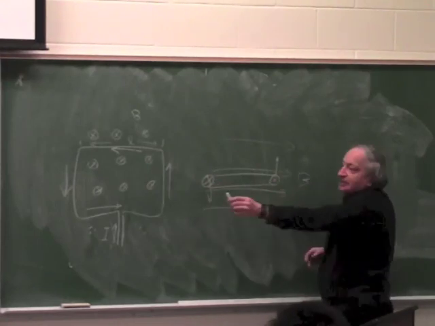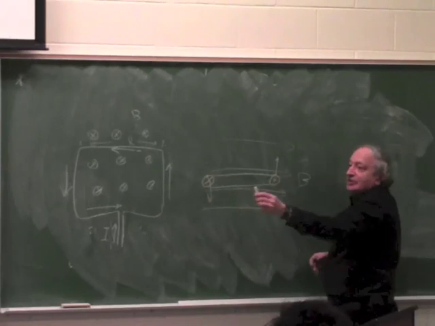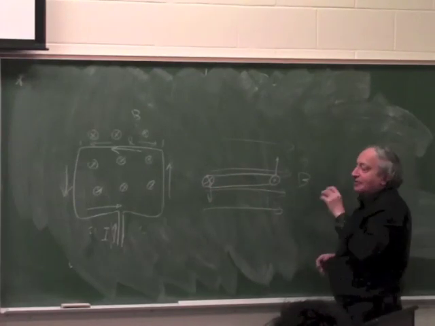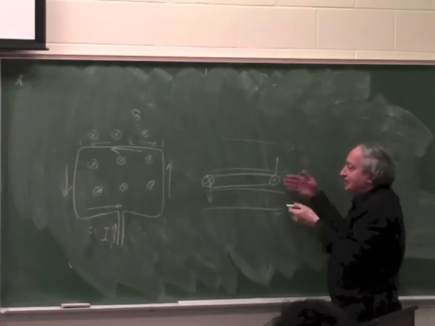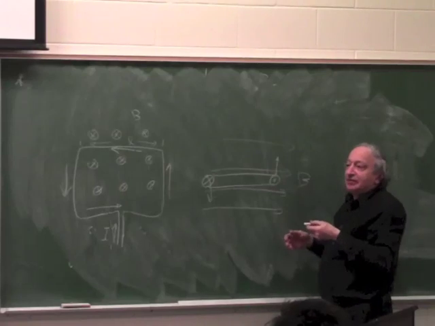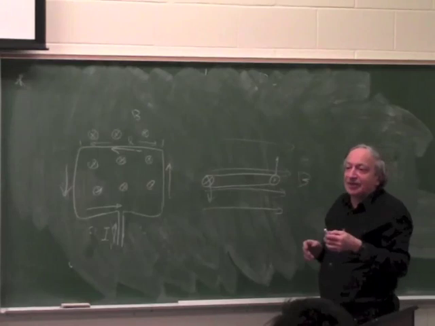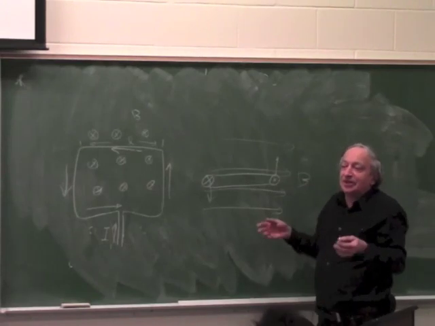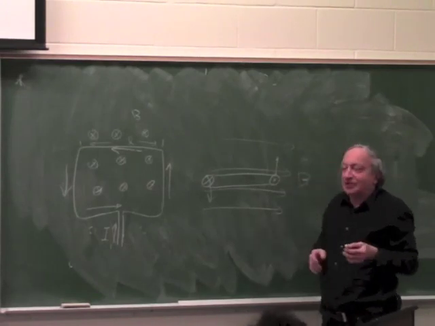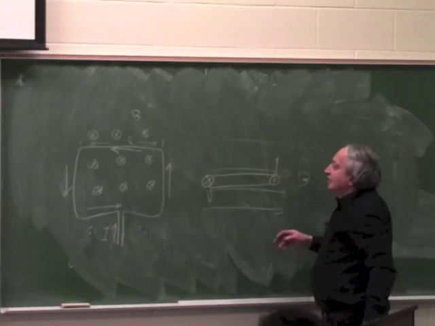Remember, the loop is like this. It's going outside the blackboard. Now the magnetic field is like this. So this side of the loop and this side of the loop, they don't create any force because they are parallel to the field. And since it's a vector product, B times I times cosine 90 gives you 0 force. So these two will just derive a torque.